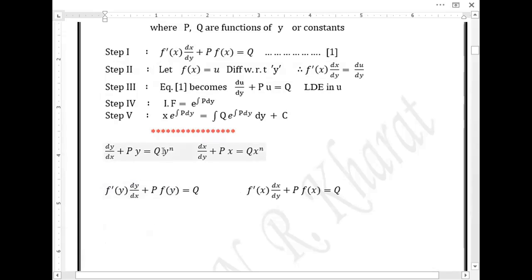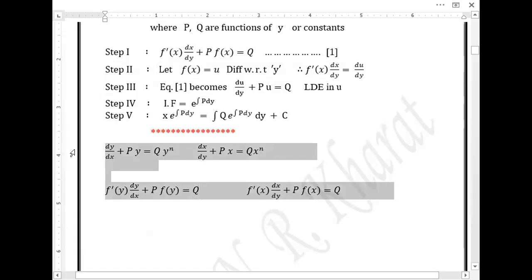So we have to just observe whether the right hand side is multiplied by x raised to n or y raised to n, or if the coefficient of p, whose derivative is present as the coefficient of dy by dx or dx upon dy. So according to that, we have to identify which particular method is applicable to simplify such a differential equation.